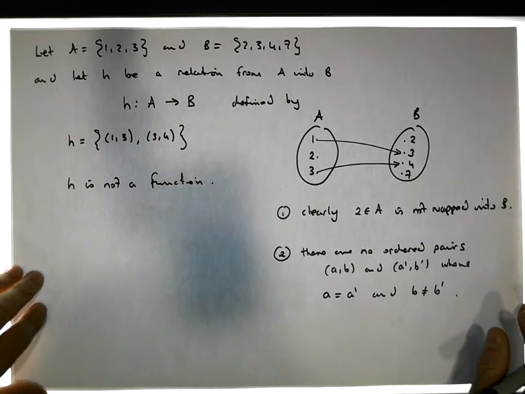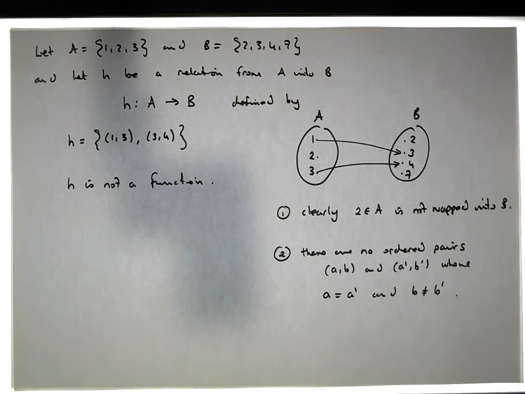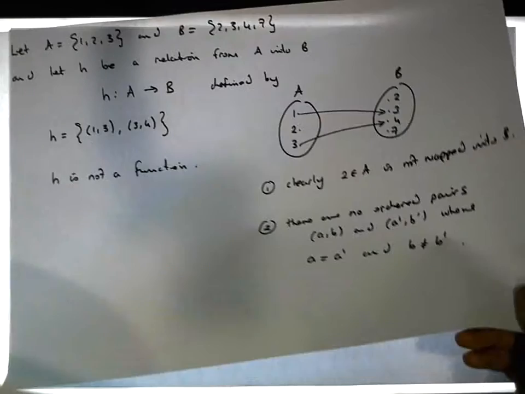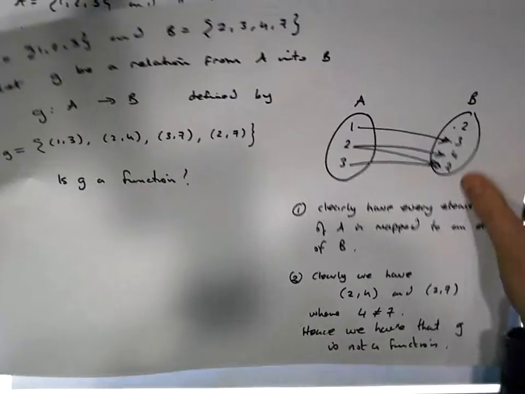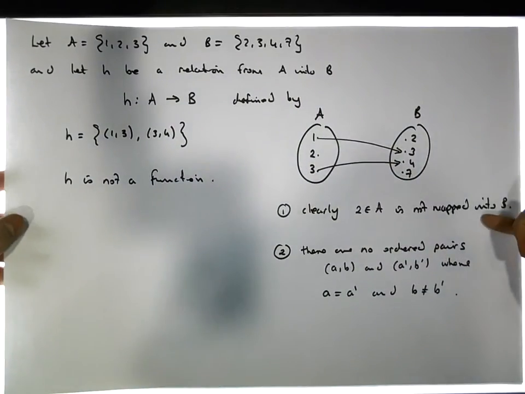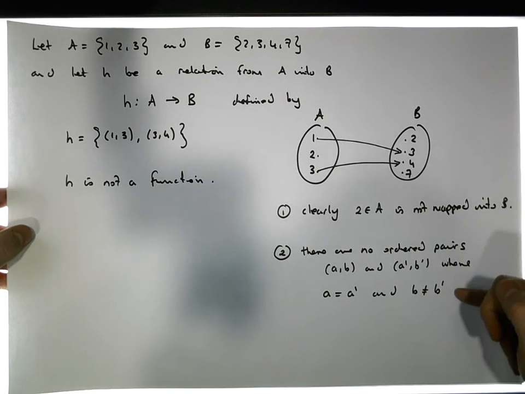Maybe what we'll do is define one more example. What we've defined so far is a situation where both conditions are satisfied, and a situation where the first condition is not satisfied but the second condition is satisfied.